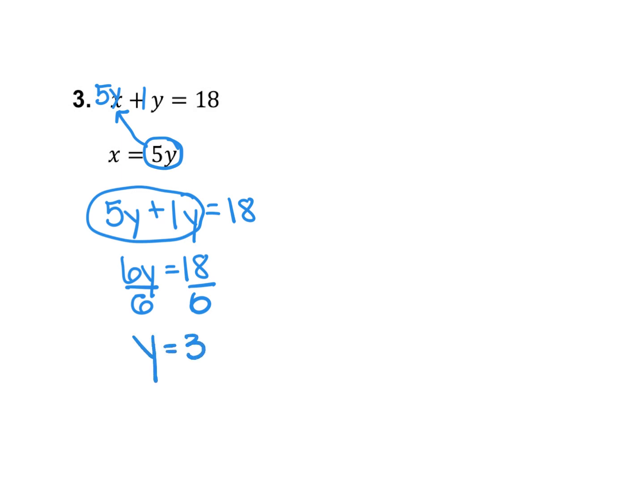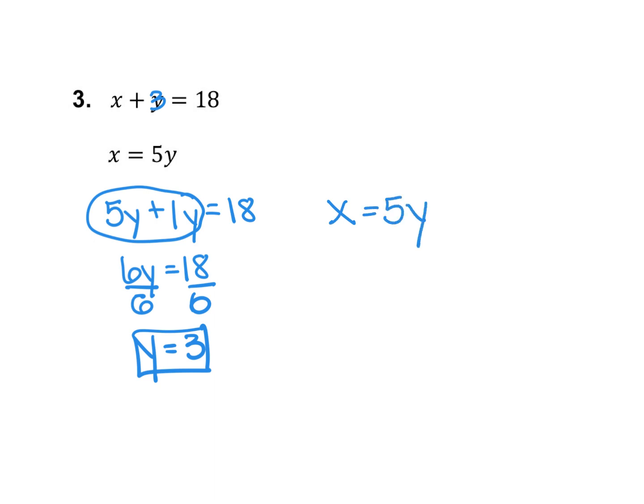All right, so now let's go back up, and we know that y is 3. We have to plug it back into one of our equations that we have up top here. So I'm just going to erase the stuff that comes with here. We could plug in the 3 right here, I'd take x minus the 3 and I'd have 15, or I can use x is equal to 5y.